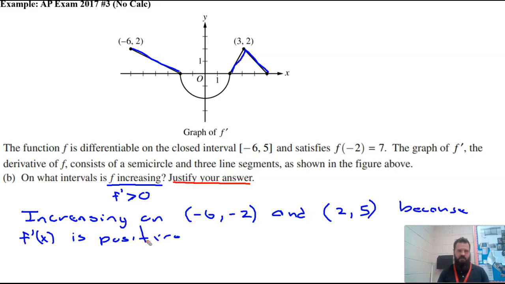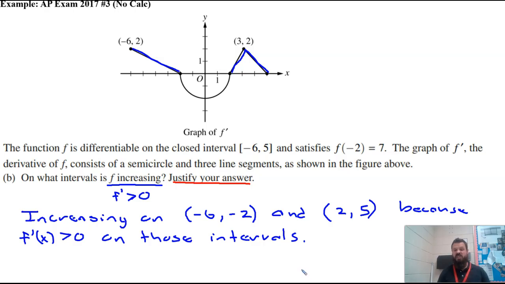That's technically correct, but let's use some more math notation here and be more concise. Instead of is positive, we'll say, in other words, is greater than 0 on those intervals. Okay, so that should work for the proper intervals and justification.